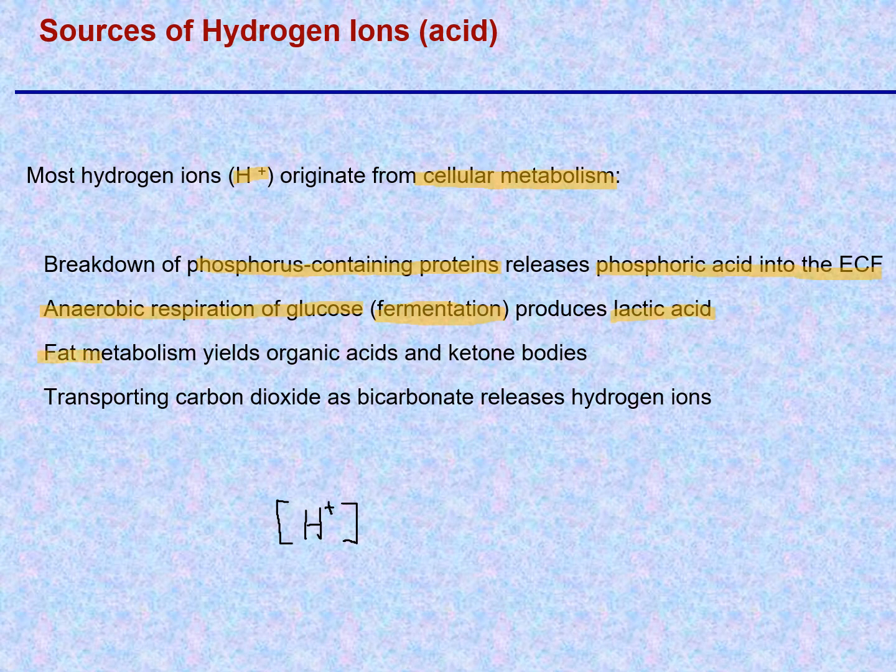Fat metabolism will produce organic acids and ketones. Ketones are acidic. And transportation of carbon dioxide as bicarb also releases hydrogen ions, as you know, or should know by now. So all of these can contribute to the sources of hydrogen ions.